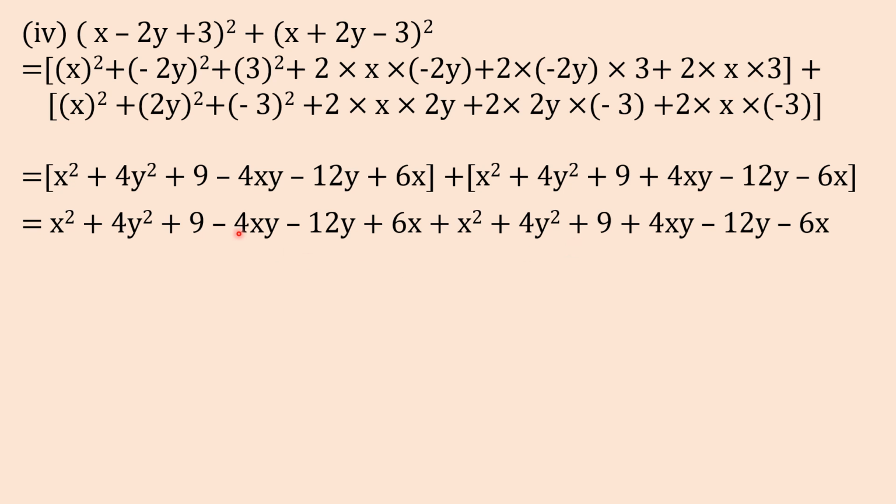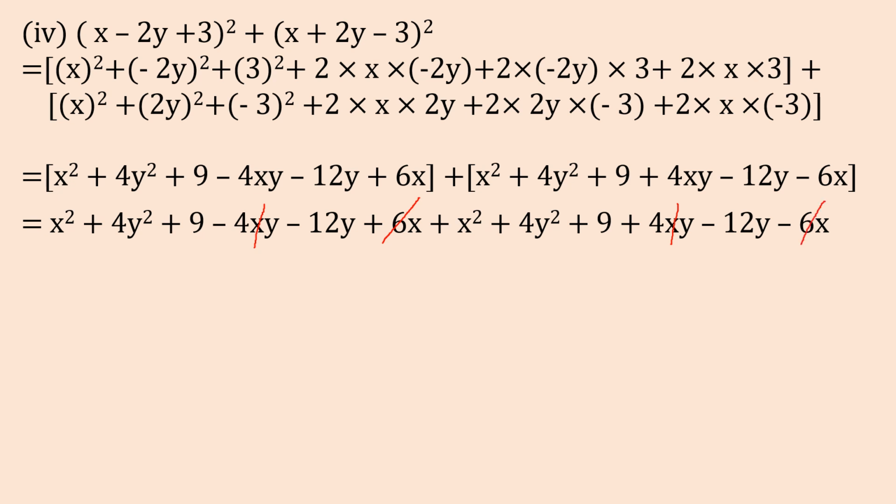Plus 9 will not get cancelled. Minus 4xy and plus 4xy are opposite sign, so these terms will get cancelled. Now minus 12y and minus 12y both are with the same sign, so it will not get cancelled. Plus 6x minus 6x are also with opposite sign, so this term will also get cancelled, student.